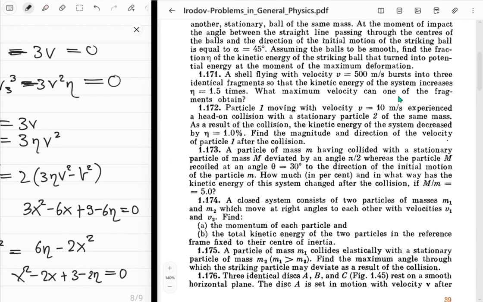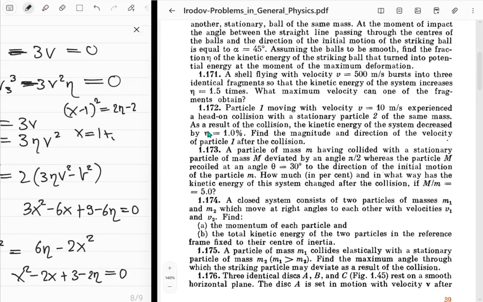Wait, what do we want to find? What's the maximum velocity? Right, so we need to figure out what x is. Fine, it's going to be x minus 1 squared is equal to 2 eta minus 2. So x is equal to 1 plus or minus the square root of 2 times eta minus 1. In this particular case, eta is 1.5, so it's plus or minus 1. We want to maximize this, so we should take the positive quantity anyway, doesn't matter what eta is.